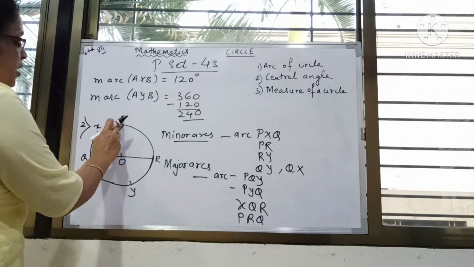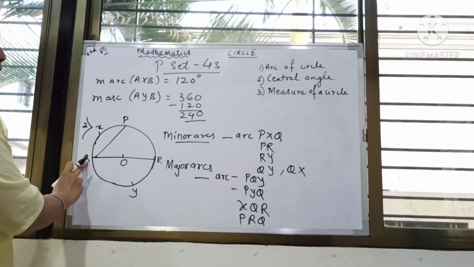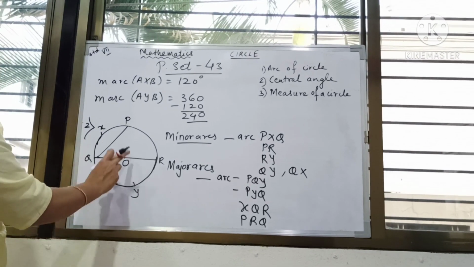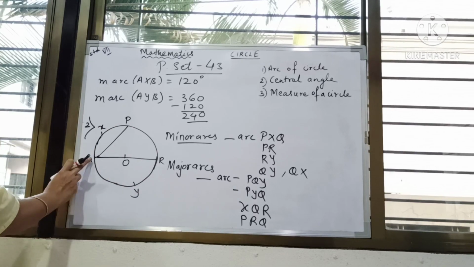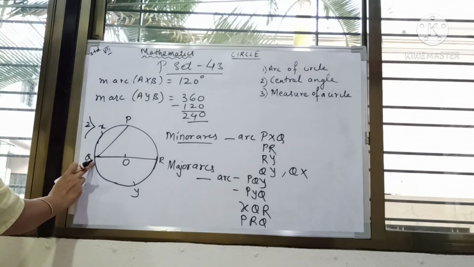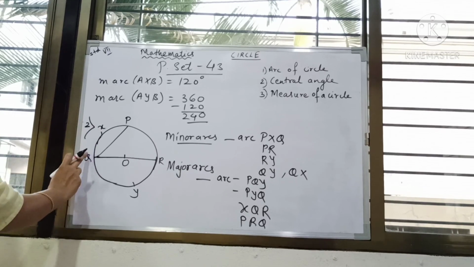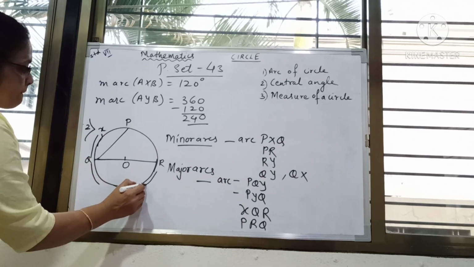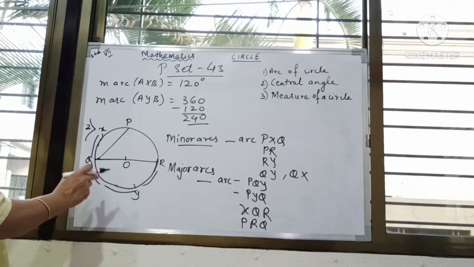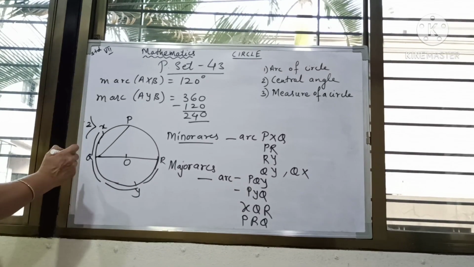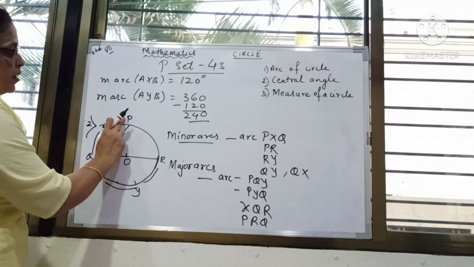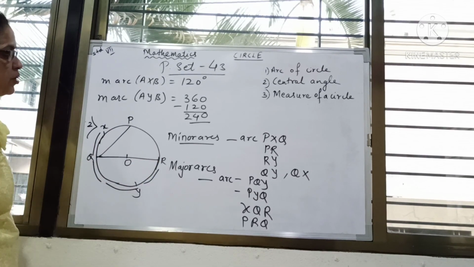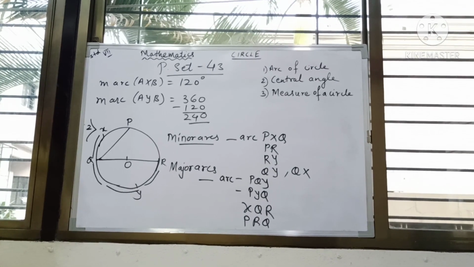These are the major arcs. Semicircular arcs are QPR and QYR. These two are the semicircular arcs.